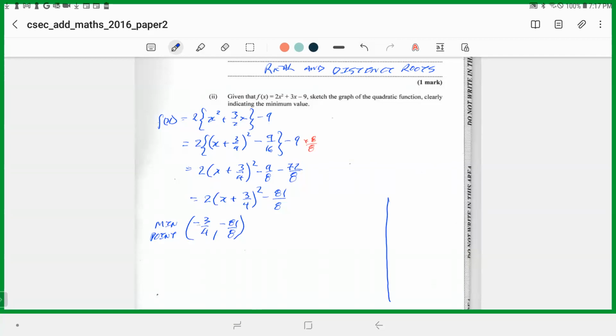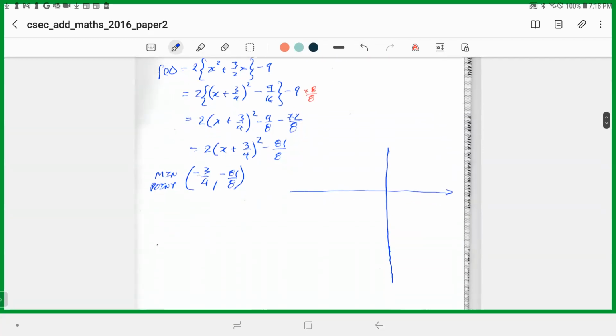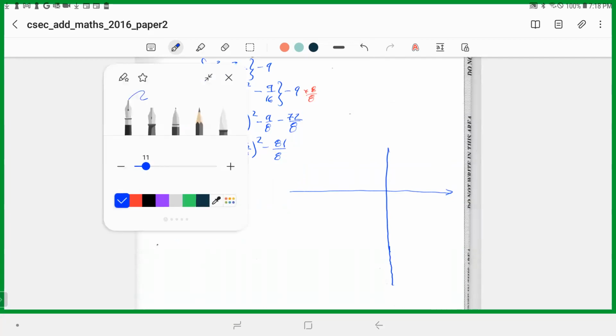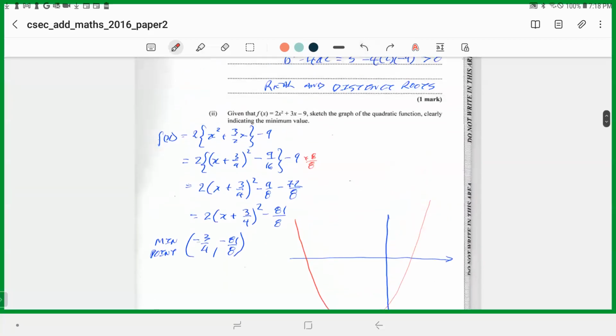The negative x value and negative y value is down here, so in that quadrant, right? And the y-axis intercept is negative 9.